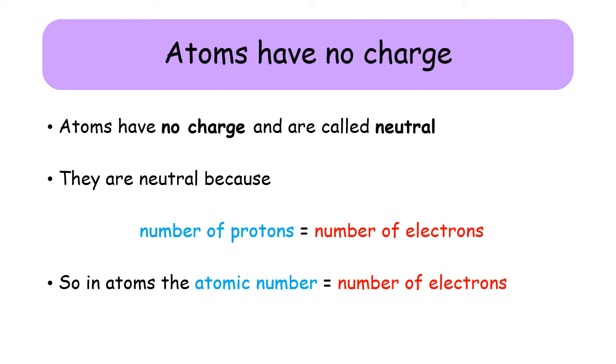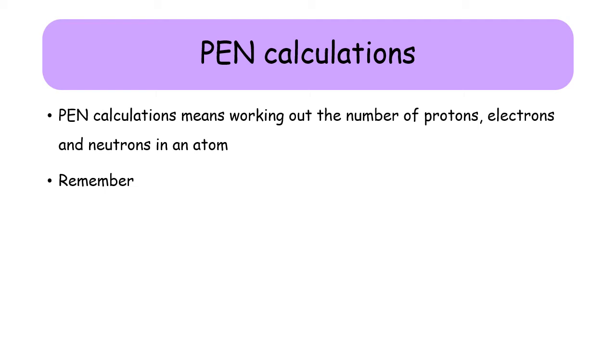So putting everything we know together, from the nuclide notation, the mass number and the atomic number, we can work out the number of protons, electrons, and neutrons for an atom. And those are called PEN calculations. PEN for protons, electrons, and neutrons.